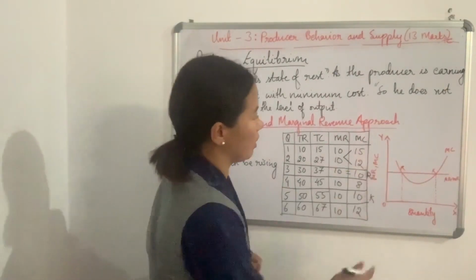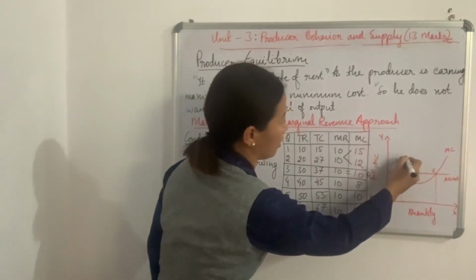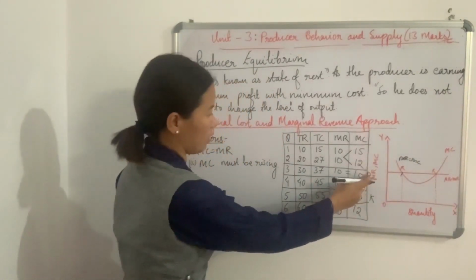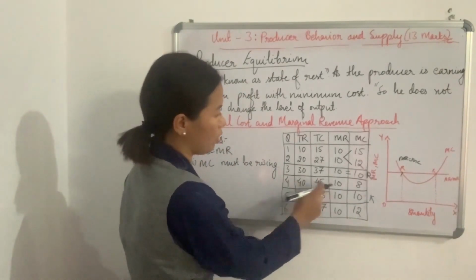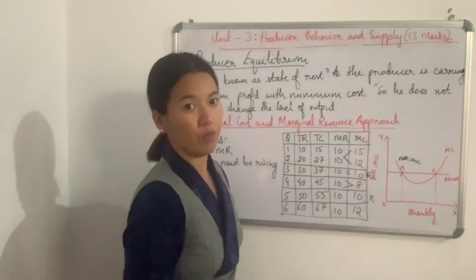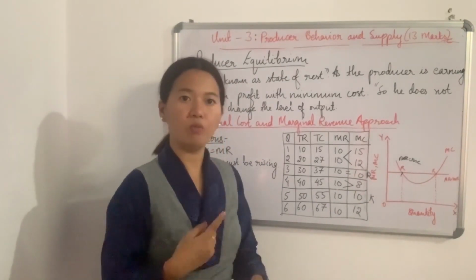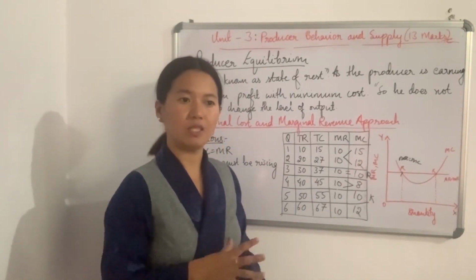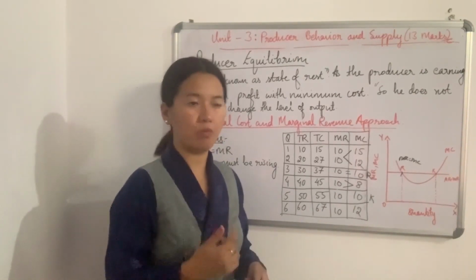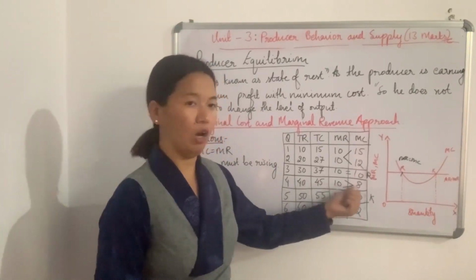At point R, MR is equal to MC, and after point R, that is at the 4th level of output, marginal cost is less than marginal revenue. When the producer produces one more unit of output, his cost is less and his revenue is more, which means he is earning profit at the 4th level of output.